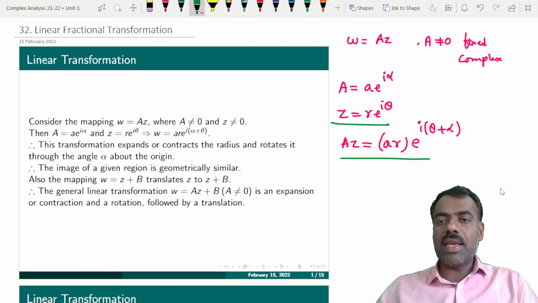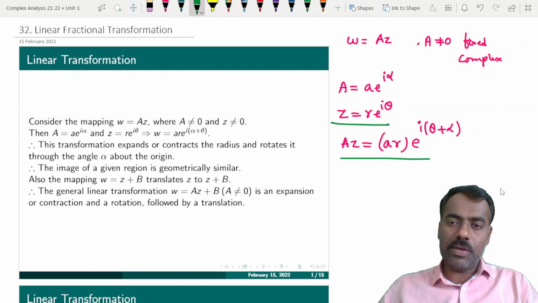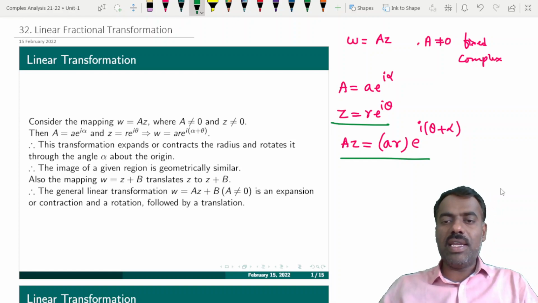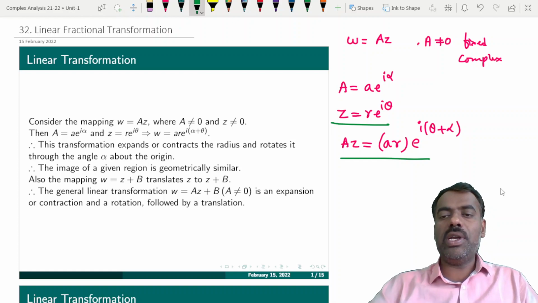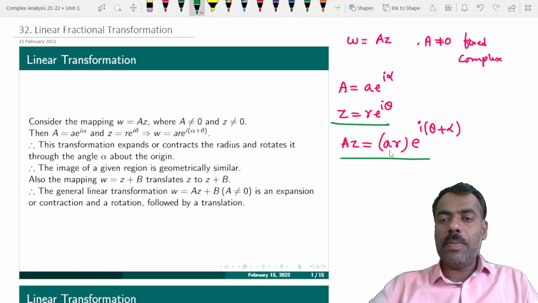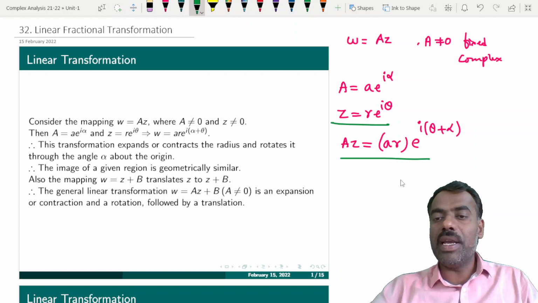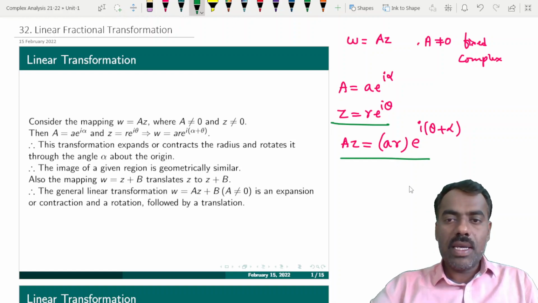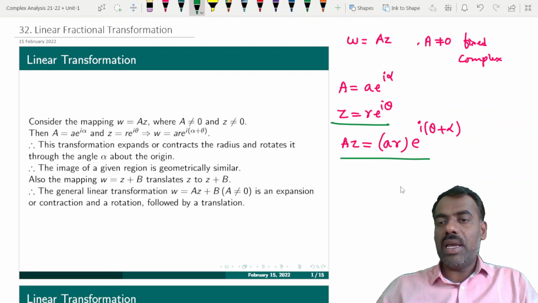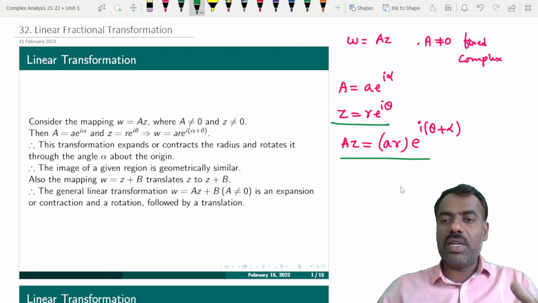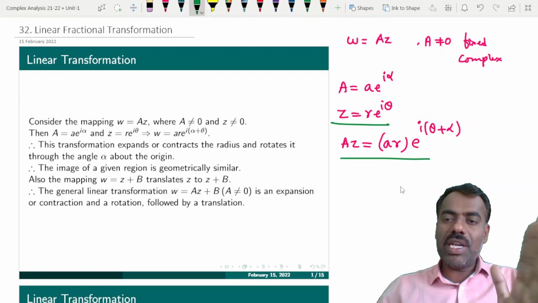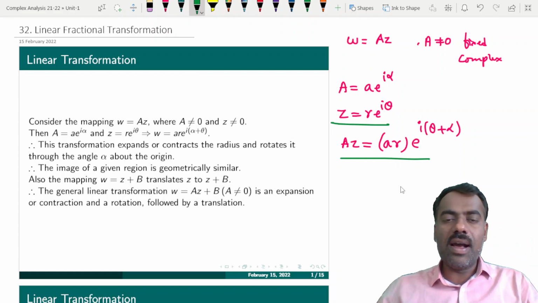And the angle is theta here and theta plus alpha here. So under this transformation, depending on whether |a| r is smaller than r or bigger than r, it will be either a contraction or an expansion, followed by a rotation, because whatever theta is there, we are rotating by an extra angle alpha.